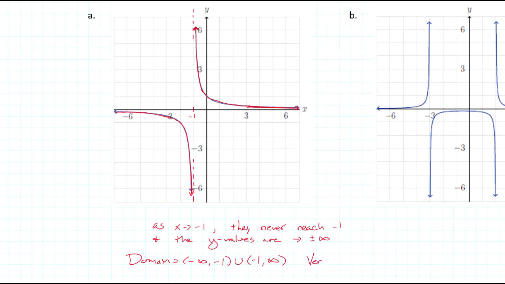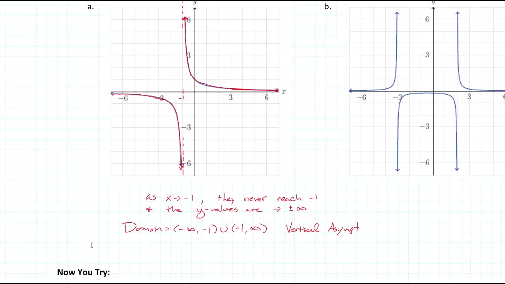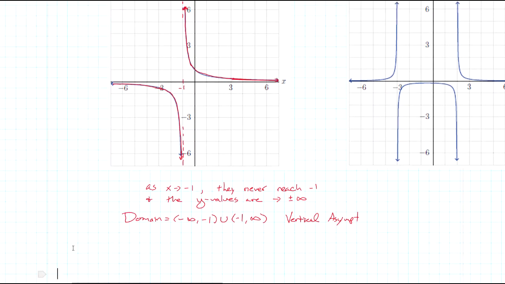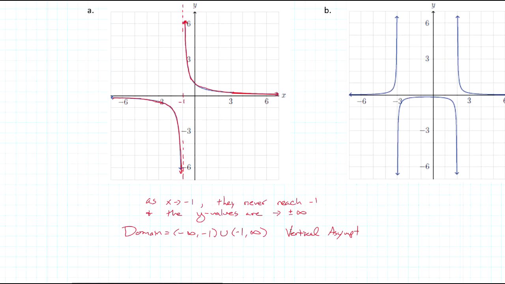And there is a vertical asymptote at x equals -1.